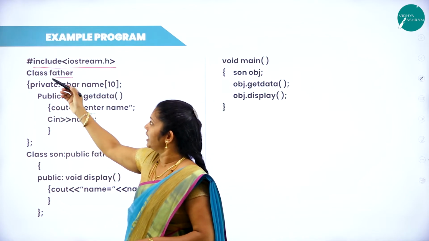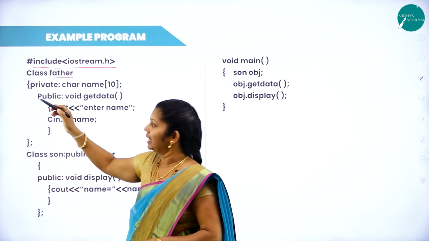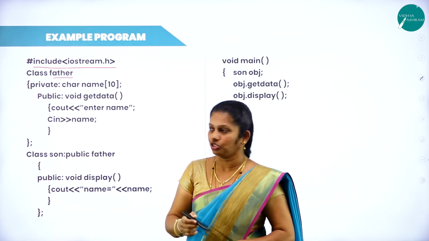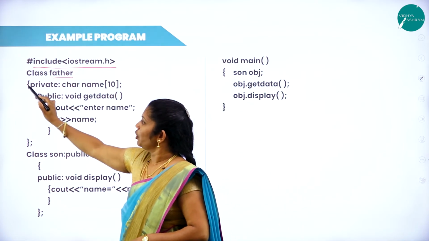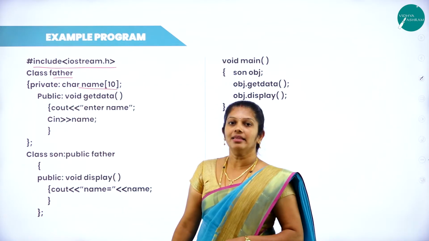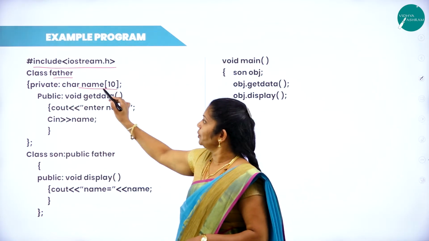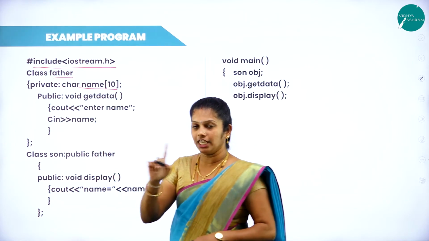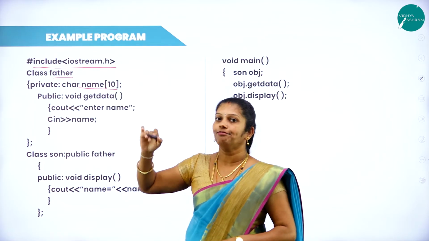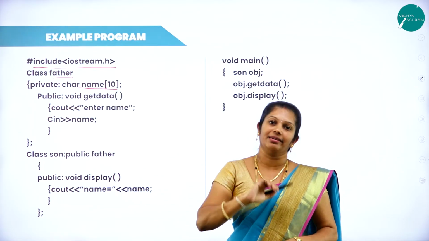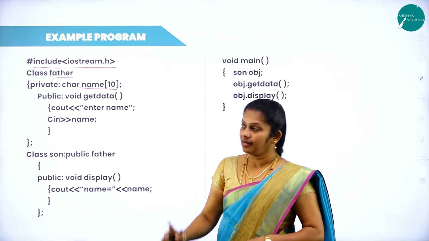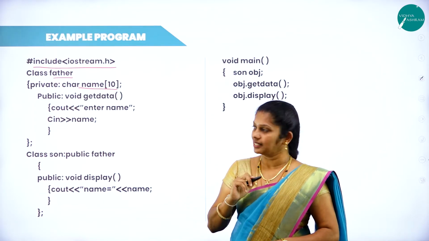In this father class, we are writing the data members as well as member functions. In this class, we open the bracket. Then in the private section, we are declaring char name[10]. If I take only char name, then only one character it will take. Inside the bracket, if I write 10, then for name, maximum 10 characters it will take. This is the data member for the father class.